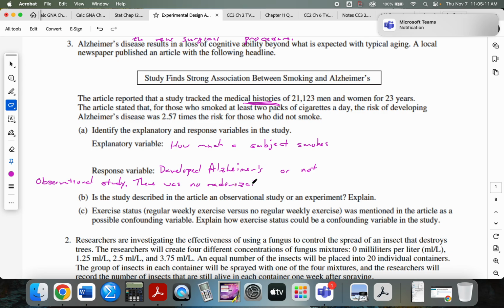And I guess I'll say no randomization in assigning smoking levels. Could you also get that question right if you said you're just observing what these people do, not changing them or putting them into groups? The randomization of treatment is the hallmark, that's what makes it an experiment.